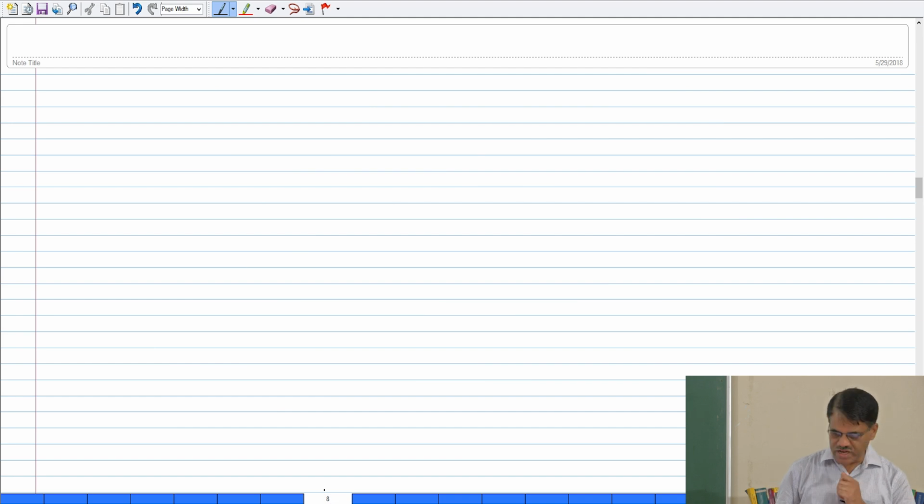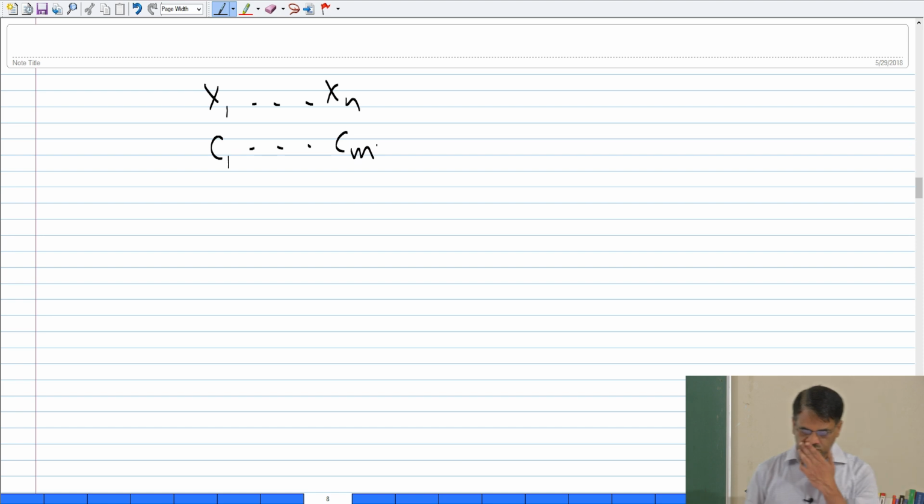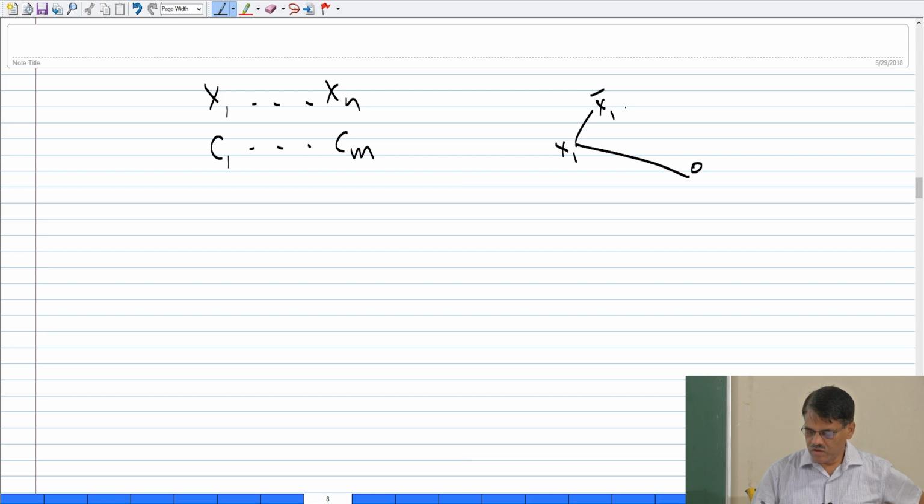Okay, so the construction goes like this. So you're given a formula. We're going to have a vertex for each literal: x1, x1 bar, x2, x2 bar.